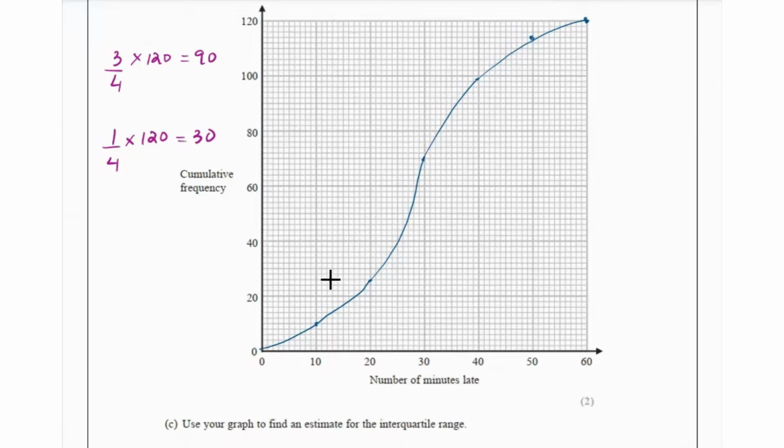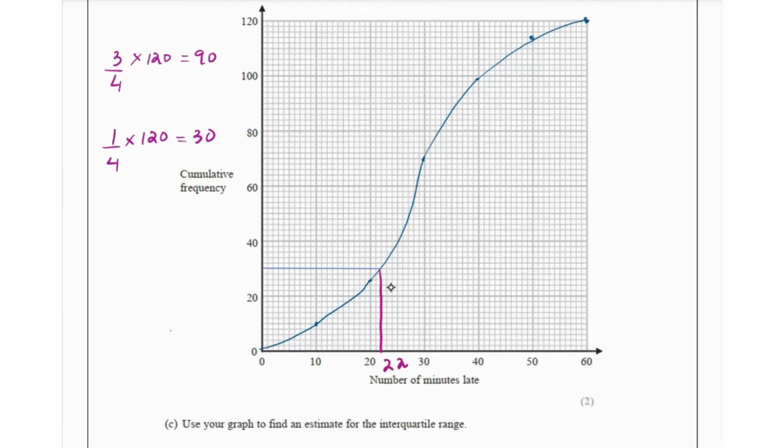So we draw a line from 30 towards the graph. That's giving us 22.